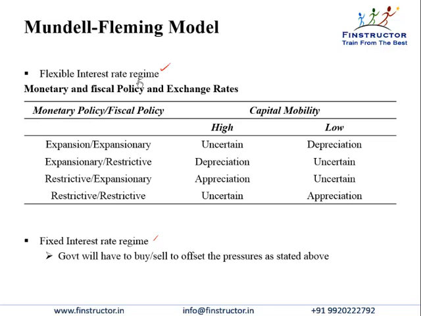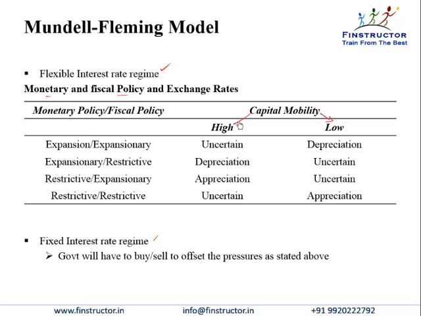In a flexible interest rate regime, where interest rates can fluctuate depending on demand and supply, different monetary and fiscal policy will have different impact on exchange rates. So we will further split this into two scenarios. First is when the capital mobility in the country is high, and secondly when the capital mobility in the country is low.